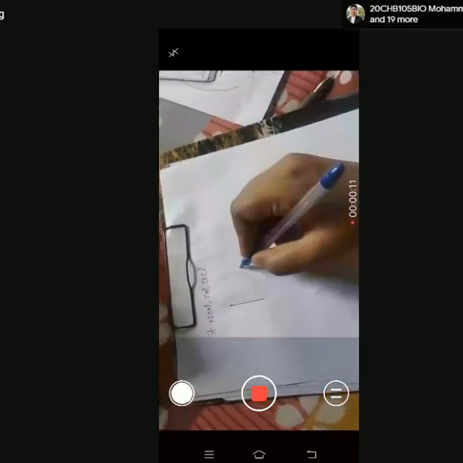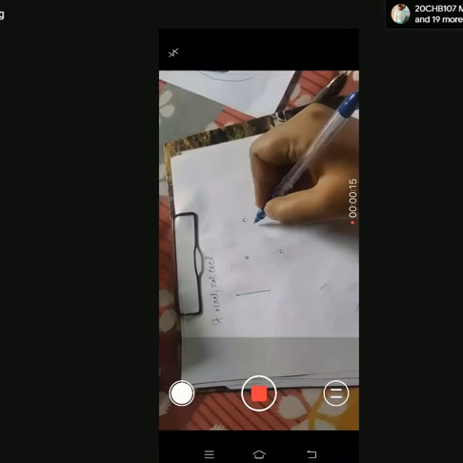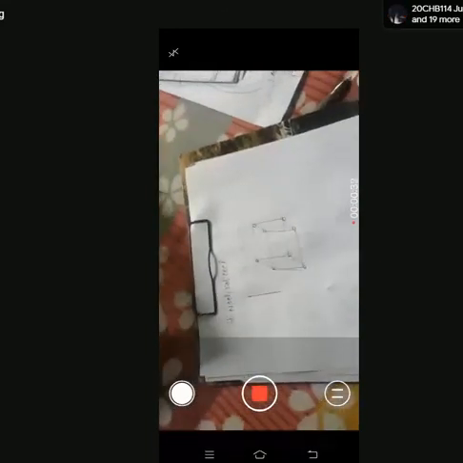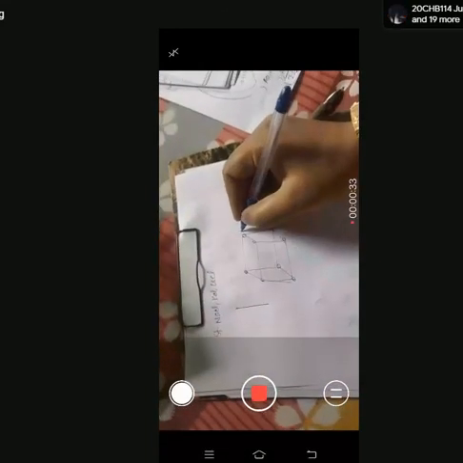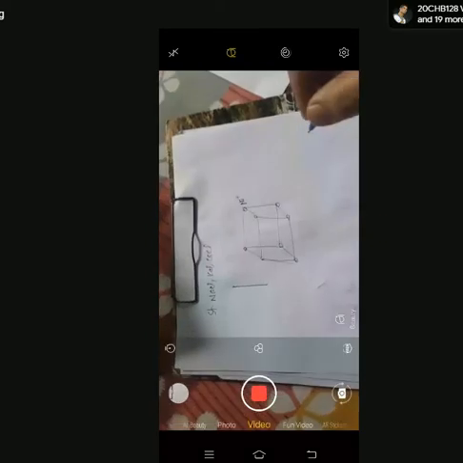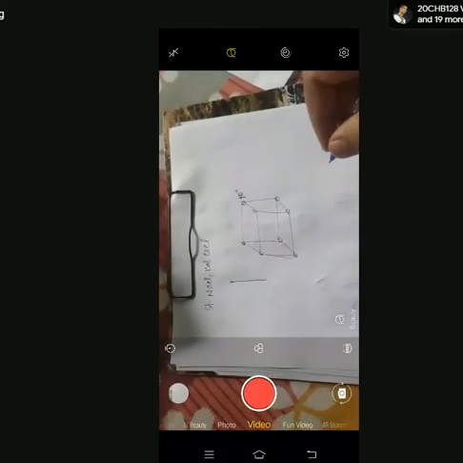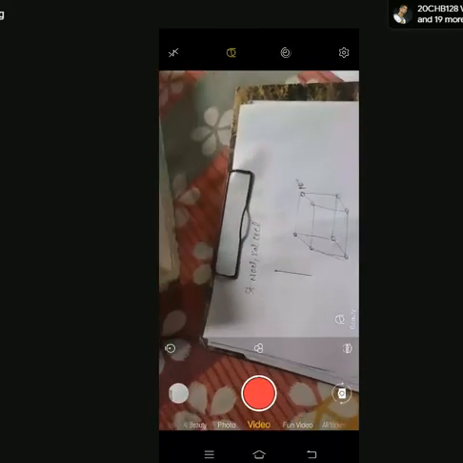This is your NaCl structure, and they are Na plus at the corner of the cubic.